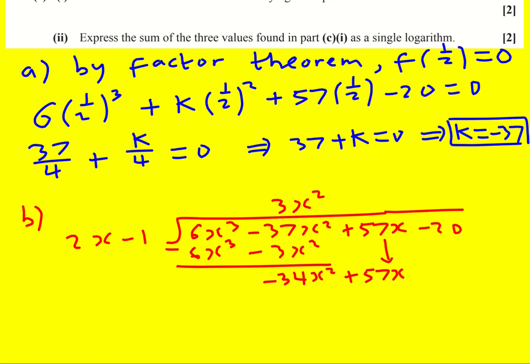2x into minus 34x squared is going to become minus 17x. Multiply the minus 1 by minus 17x and subtract.